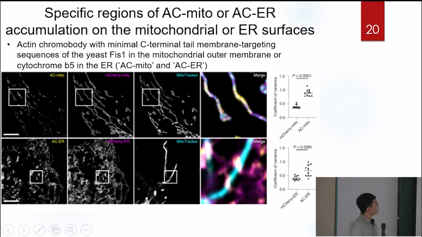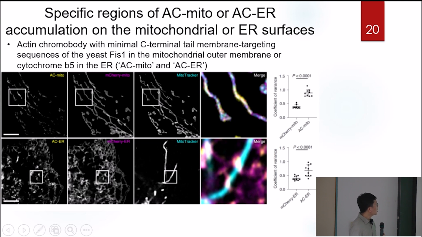For AC-mito, they fused the yeast FIS1 membrane targeting sequence to the actin chromobody. For ER, it is cytochrome b5. This figure just shows that it works. It can localize to mitochondria or ER.